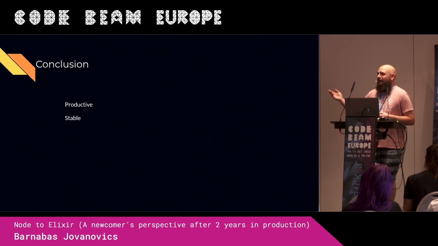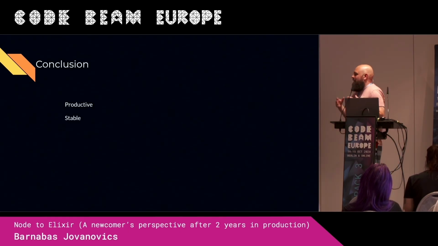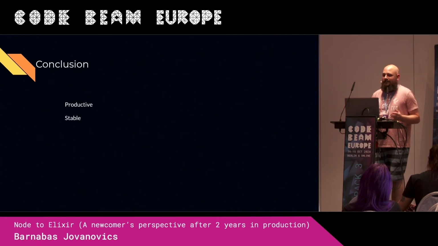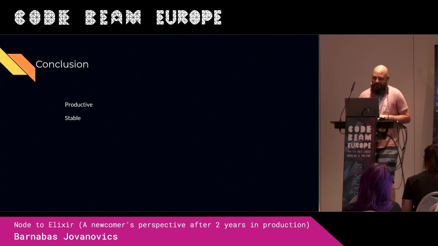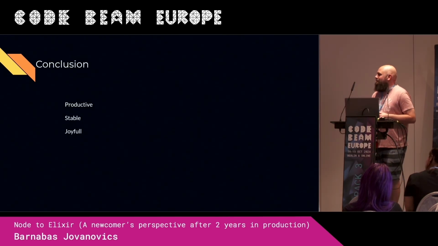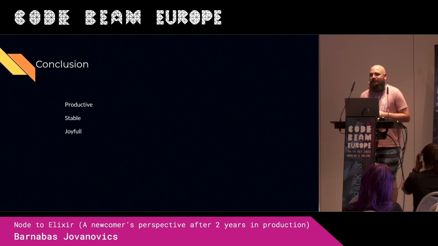There are still inventions going on, like Nx and stuff like that, but the core is really, really stable, and what you learned 2 years ago is still applicable today. So that's really nice. And I just want to say it was a joy working in Elixir for the last 2 years. And I don't want to do anything else ever again.